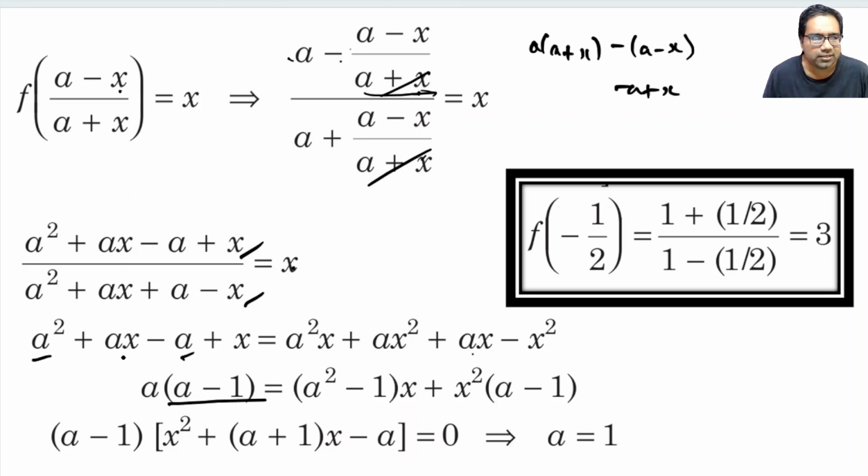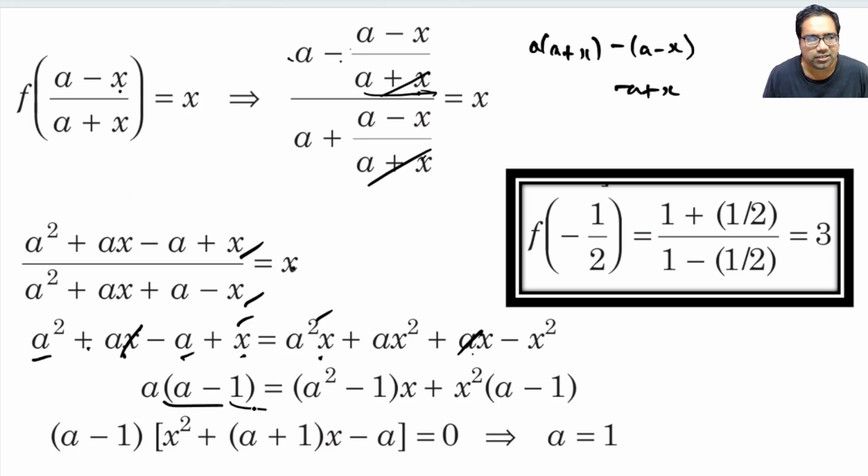Then this ax and this ax get cancelled. This x and this a square x become x into (a square minus 1). The fourth term that is left is x square into (a minus 1). So that is the simplification.